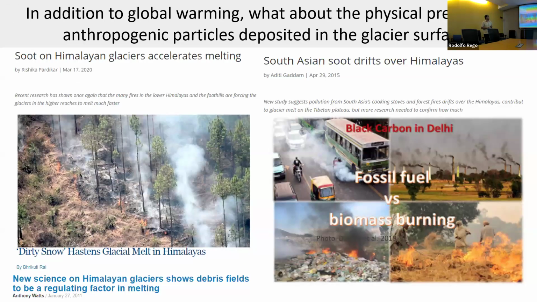So now going back to my first question: what are the additional drivers that are melting the Himalayan glaciers? Of course, there can be multiple parameters. Here we have only looked into surface impurities.